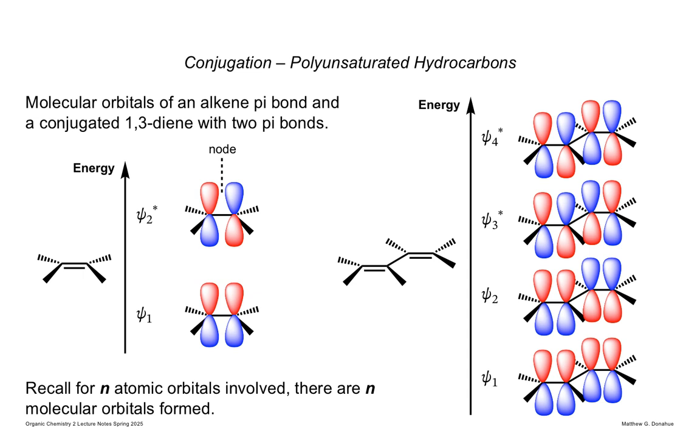So to get down to the molecular orbital level of understanding why this is important and how it affects not only chemical reactivity but physical properties, we want to examine the p orbitals that are involved in forming these pi bonds.